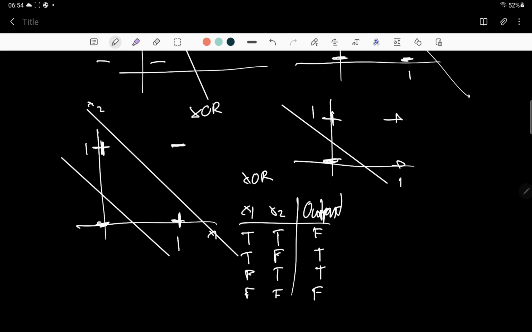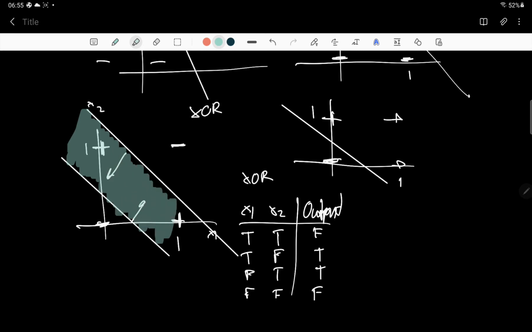You need two lines, and if an example is in this area, you will classify it as a positive one.